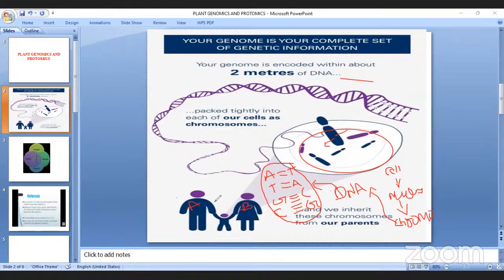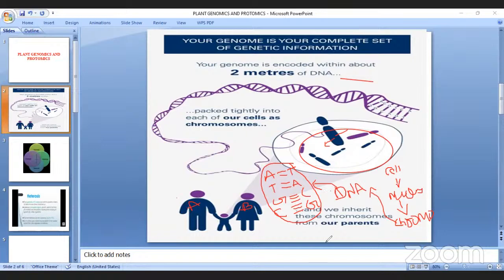In proteomics, we study all these aspects. Are you clear? Genome is only the entire set, but the entire set of genes responds to the external environment and the genes are expressed, meaning gene characters.